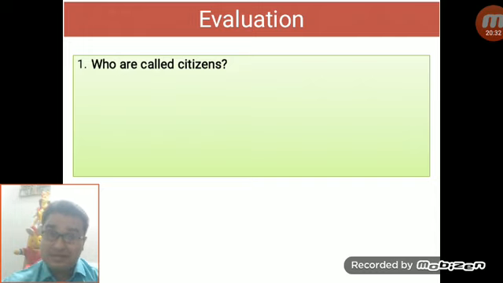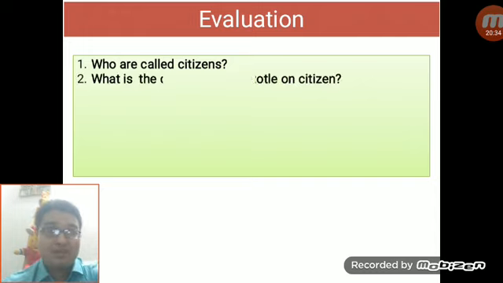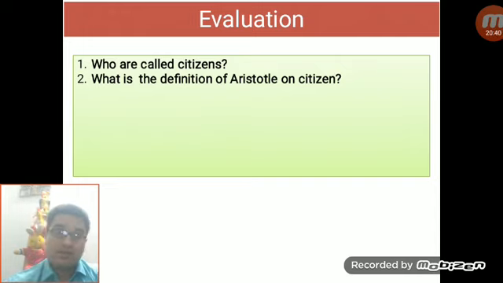Number 2, what is the definition of Aristotle on citizen? According to Aristotle, who participates in the administration and who represents in the city state is called citizen. So this definition is highly important for knowledge based questions.